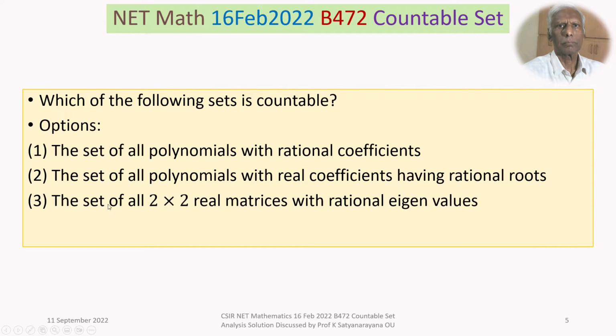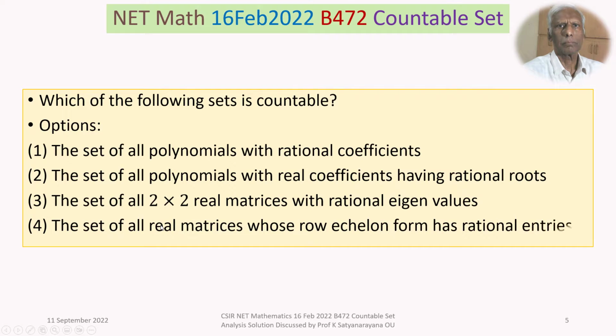Option 3, the set of all 2 by 2 real matrices with rational eigenvalues. Option 4, the set of all real matrices whose row echelon form has rational entries. And we have to find out which one of them is countable.